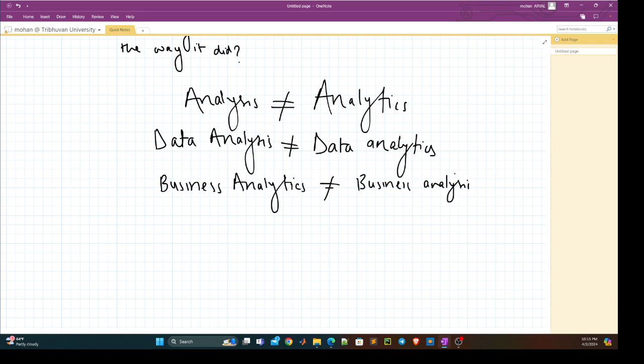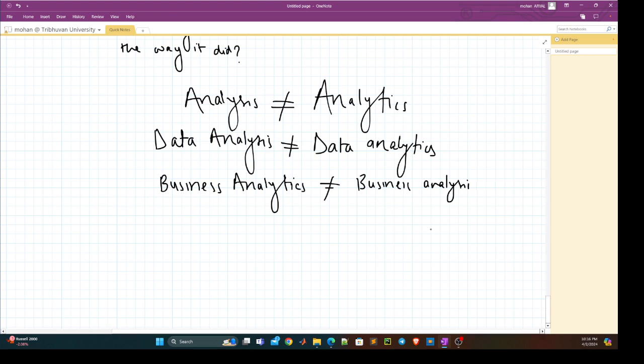Hope you got this point. Analysis is basically related to the past, whereas analytics also deals with the future and its potential future events.